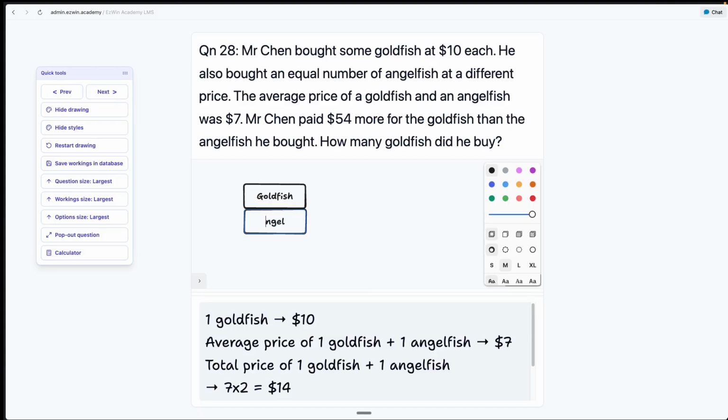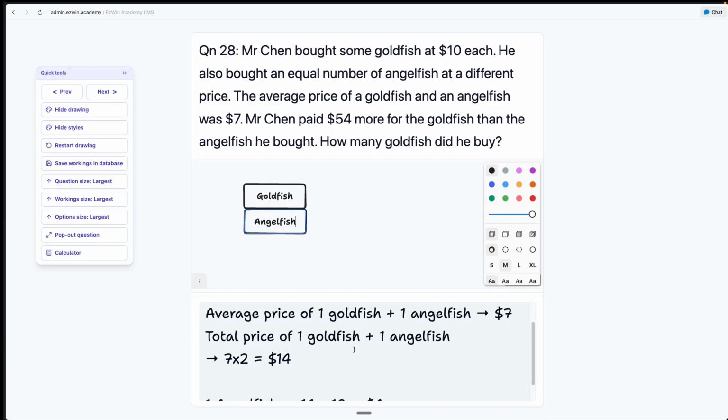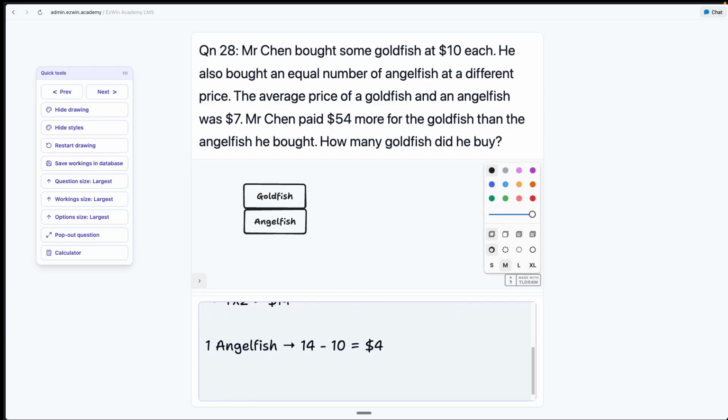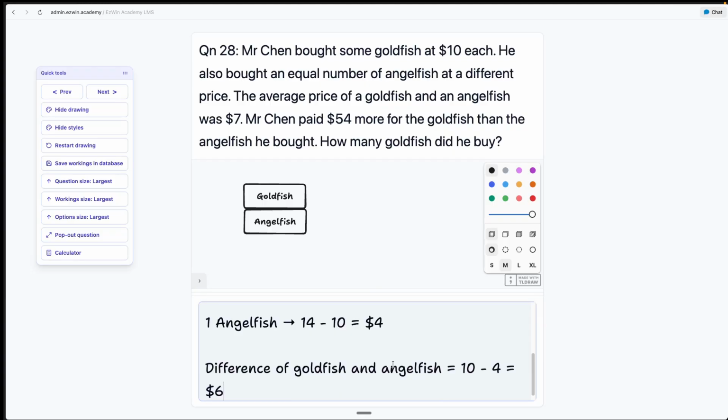Okay, and in this case over here, we know that goldfish and angelfish, what's the difference? The difference of goldfish and angelfish is equal to 10 minus 4, equal to $6. All right.